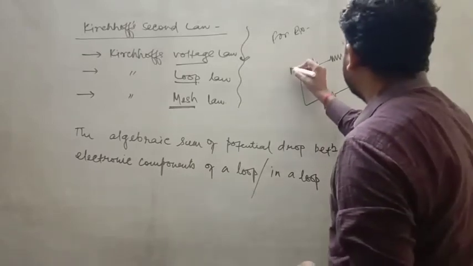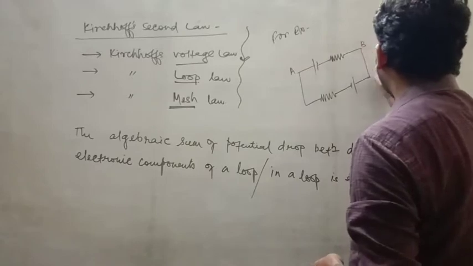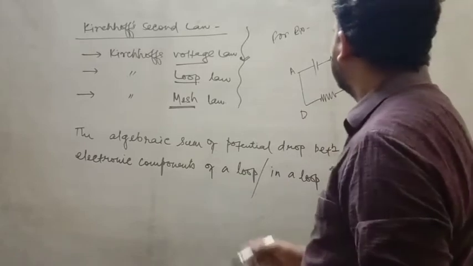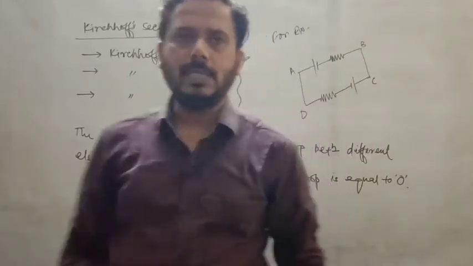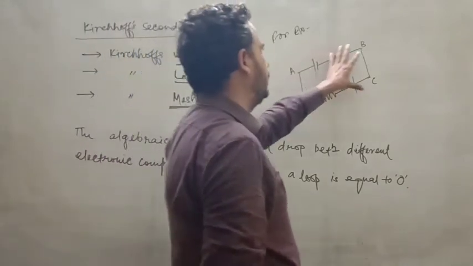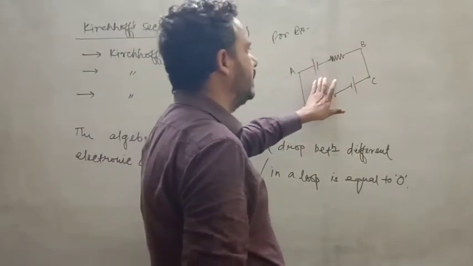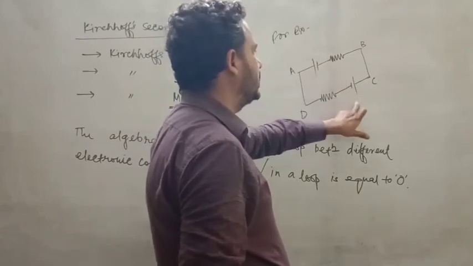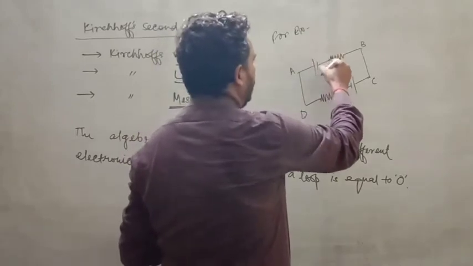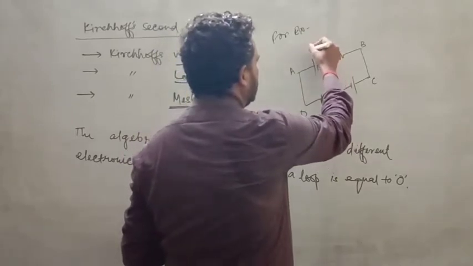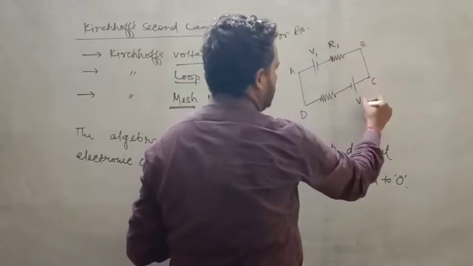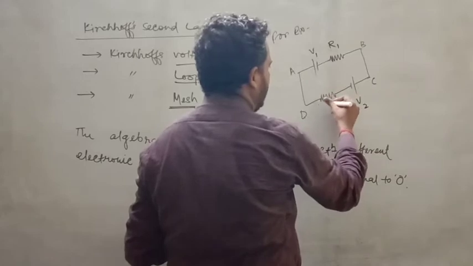Suppose A, B, C and D. So in this loop A, B, C, D, A, we have to find the potential drop, that is the potential difference between this one and this one. Suppose the EMF of this one is V1, this one is R1, this one is V2 and this one is V3.